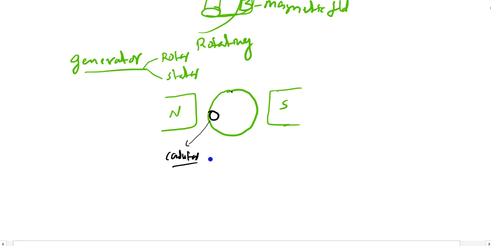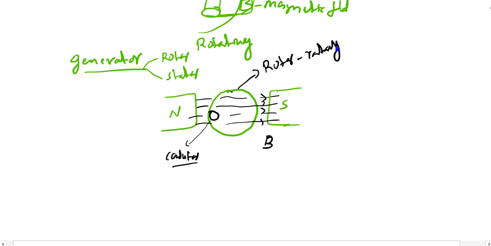And the magnetic flux is going like this. This is the magnetic flux or magnetic field here. Whenever this rotor is rotating, suppose in this direction, my conductors also rotate.